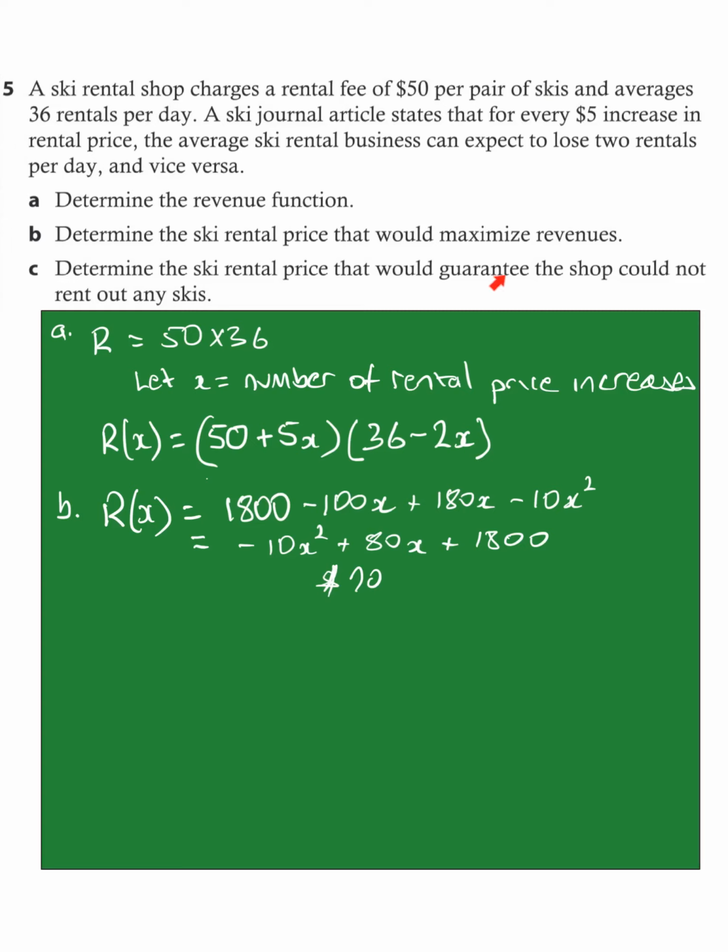Determine the ski rental price that would guarantee the shop could not rent out any skis. What we have to do is find the value of x, the number of rental price increases, for this function to equal 0. So we rewrite that as 0 equals minus 10x squared plus 80x plus 1800.